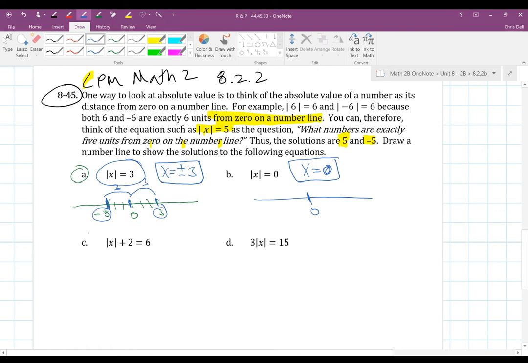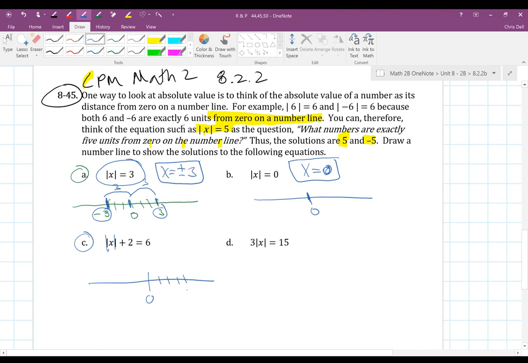For C, I'm saying the absolute value of x plus 2 is equal to 6. So some distance plus 2 is 6, right? On a number line, here's 0, and I want my distance to be 6. So it's some number plus 2 that is equal to 6.